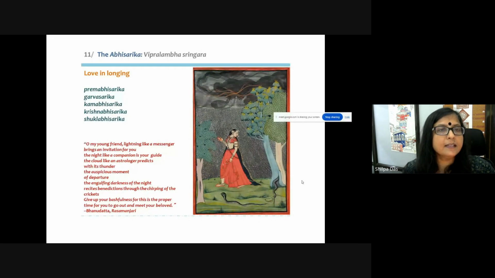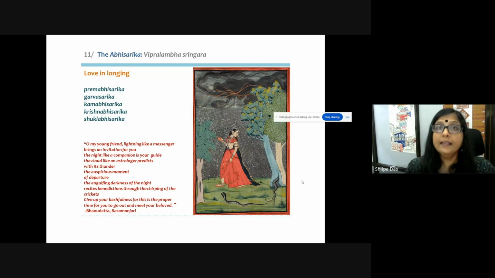And then there is the Kama Abhisarika, who is again very driven by her love and sets out in the middle of the night, irrespective of the dangers in her path. And then there is the Krishna Abhisarika, who sets out on this love mission, so to speak, at night, and the Shukla Abhisarika, who goes out during the day.